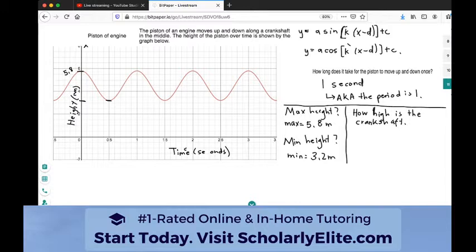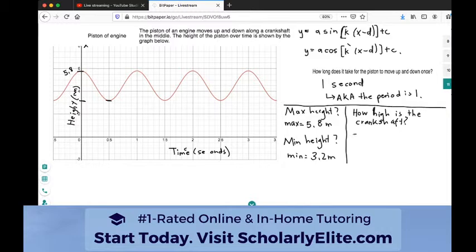And the crankshaft, as we see in the question, because it says here the piston of an engine moves up and down along a crankshaft in the middle, well, that tells us that the middle spot is where the crankshaft is. And there's a very easy way to solve that. So technically what we're solving for is the C term, because the C term tells us that axis of symmetry, basically.